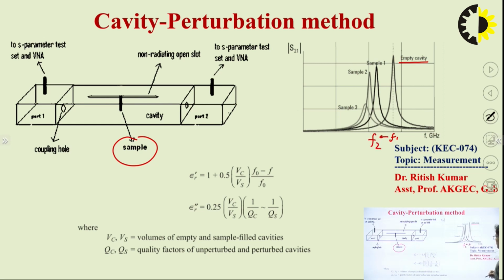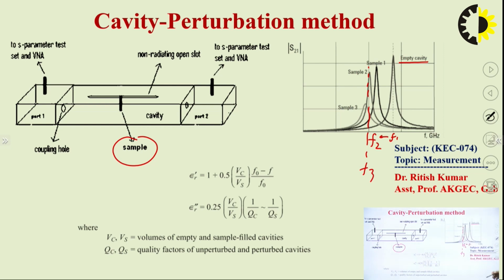So you are able to know the separation of these two resonating frequencies. The first one is without the sample and the second one is with the sample. If you want to measure another sample in place of the first one, then you will have a frequency shift like F3.